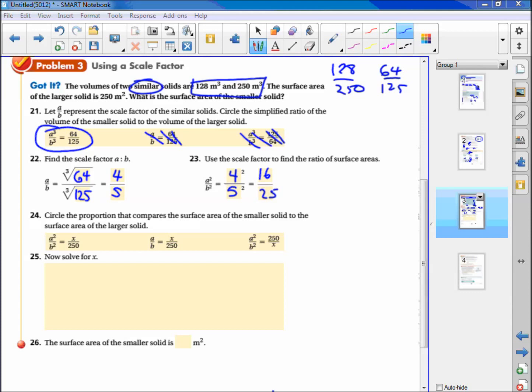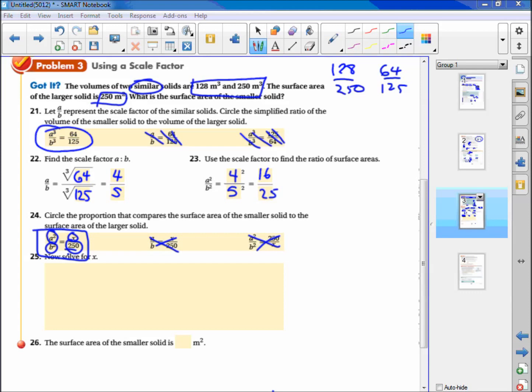The larger one is supposed to go on the bottom each time, so we'll put the 250 on the bottom. That's good for both of these, but this one doesn't have area, and this one has 250 on the top. So this is our area of the smaller one, which we don't know, and the area of the larger one is 250. This is the one we want.